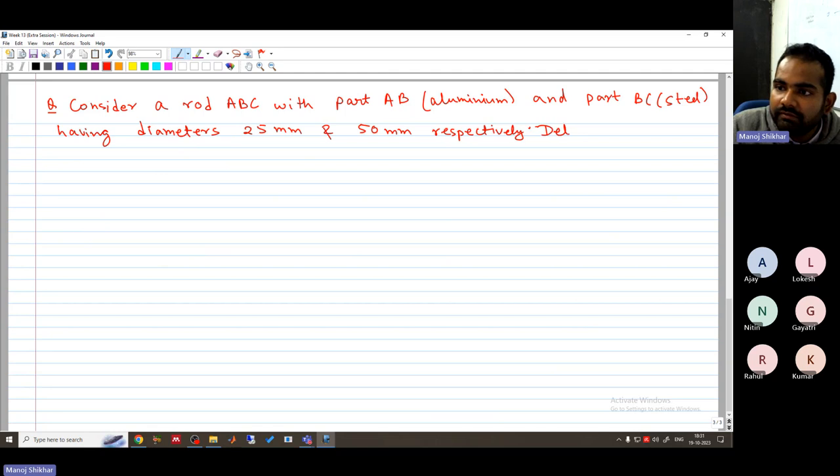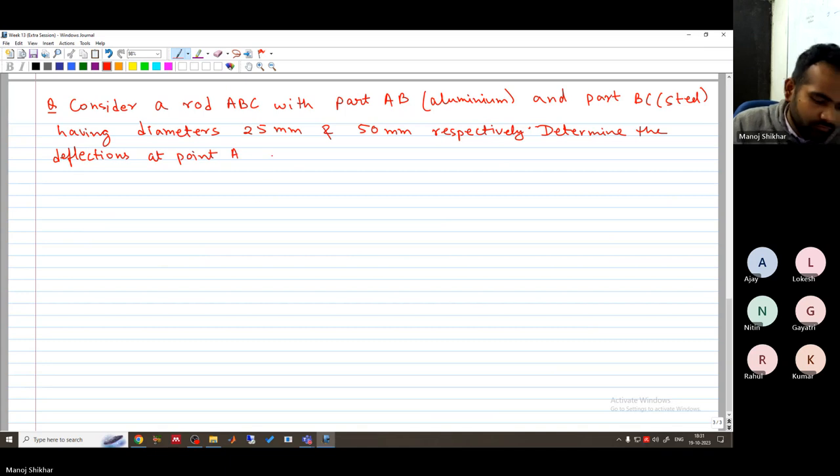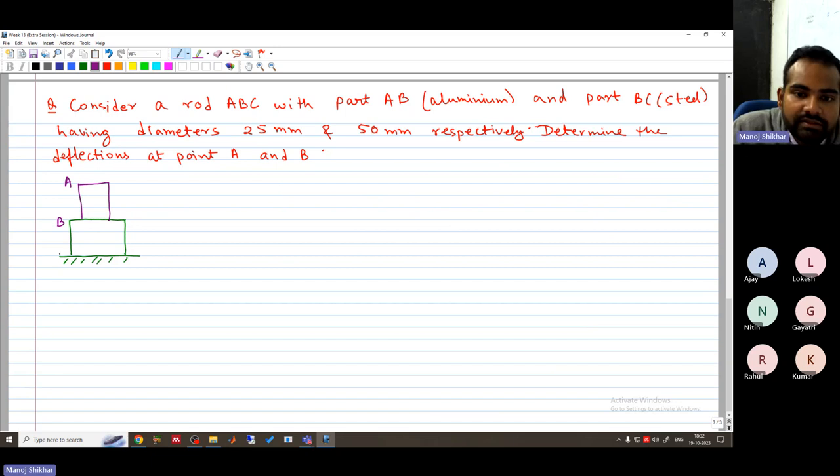Now the question is to determine the deflection at points A and B. And this is the figure they have given. So this is A, this is B, and this is C.